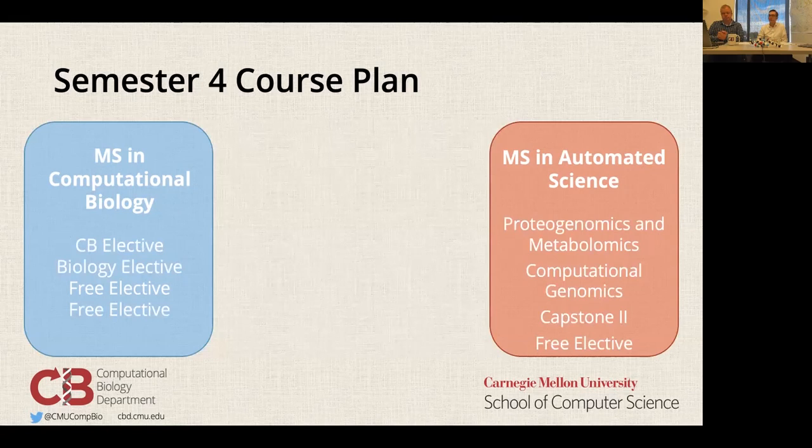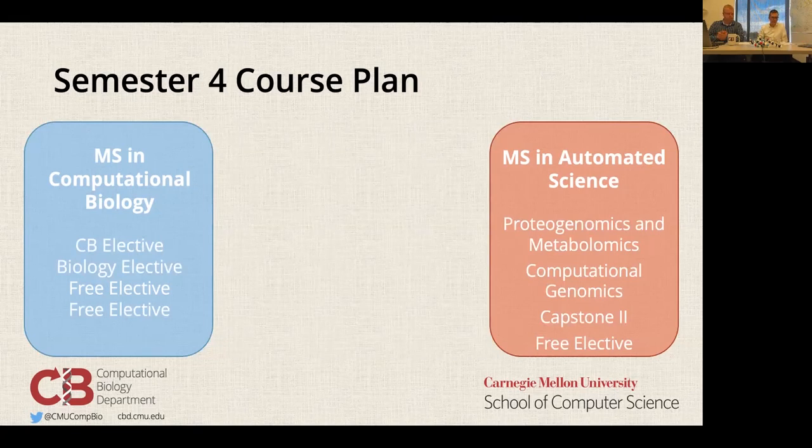By the fourth semester, the programs are kind of independent, where MS and Comp Bio students are taking exclusively depth electives at that point. And MS and automated science students have an elective, but are also completing their capstone and taking a couple of additional core courses. So that's the big picture on the curriculum.